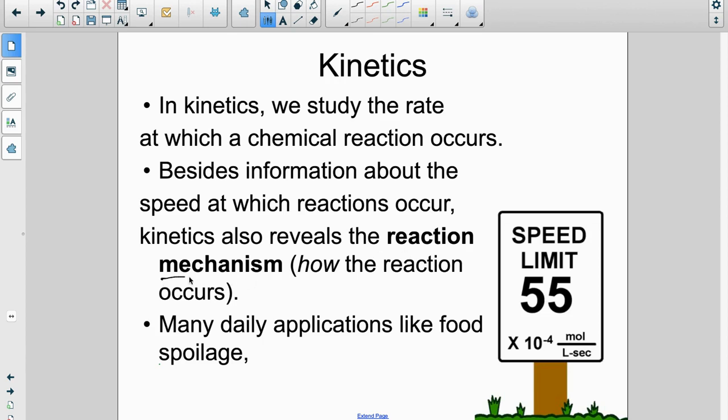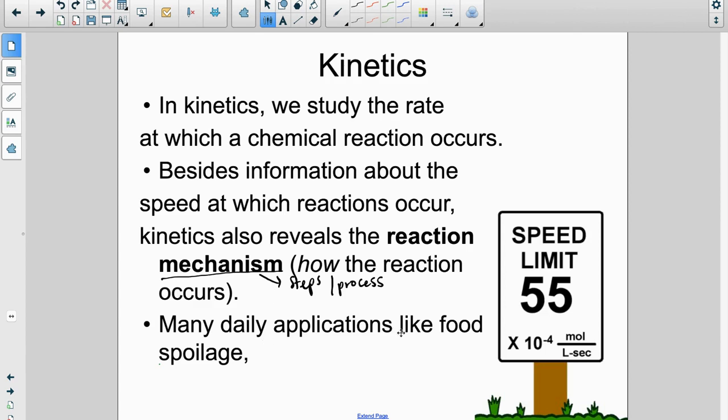When we talk about the mechanism, we will talk about the exact steps, or the process. Most reactions do not happen in one step, as shown in the balanced reaction. There's a numerous number of steps, a pathway that the reaction takes. So we'll study that as well.